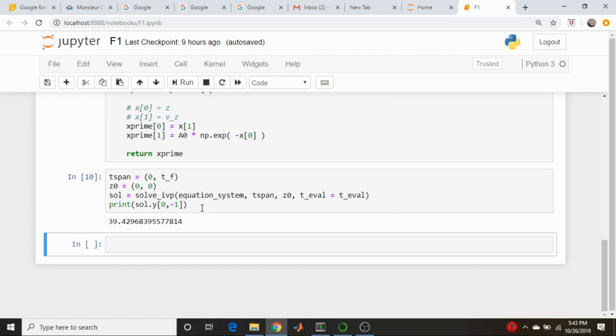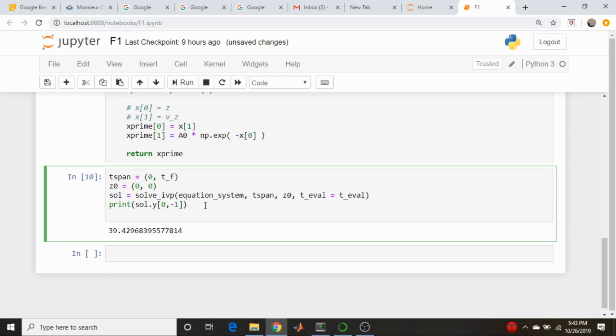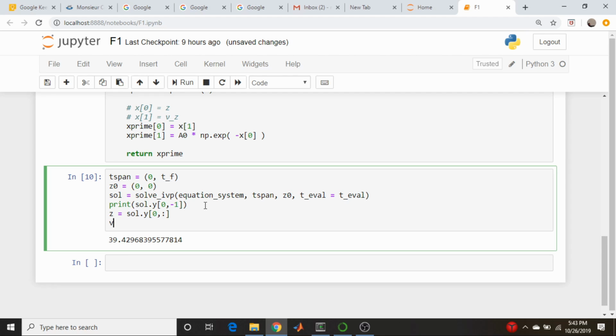So before moving on, let's just plot this to see if it makes any sort of sense. So what I'm going to do is create a variable called z, and that's just going to be the position solution. So the z, the first row of that solution vector. So it's sol.y row 1, and it's going to be all the columns. And I'm going to create another one called v underscore z, which is the velocity in that direction.